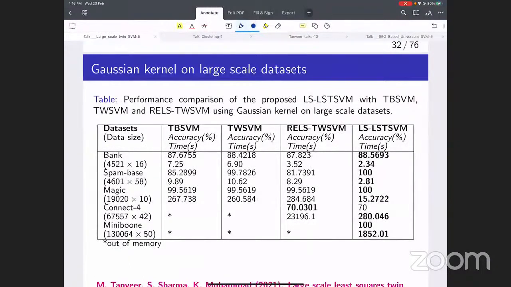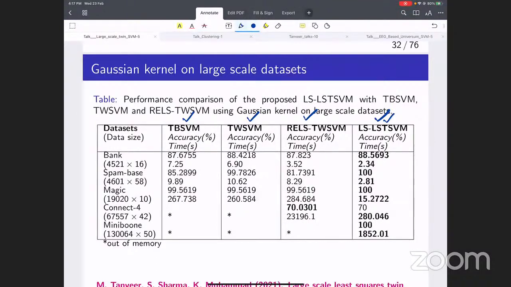On the same machine, the same computing machine, we implemented all 4 algorithms: TBSVM, Twin SVM, RLST-SVM, and the proposed algorithm. What we see is that the baselines, these first 3 columns, stop working when the size of the data is increasing. However, the proposed algorithm works fine.